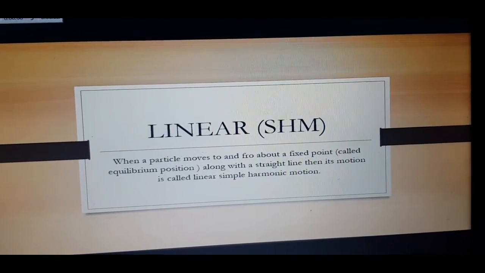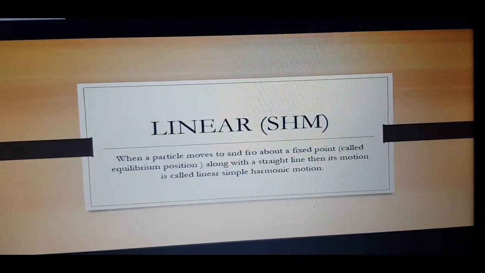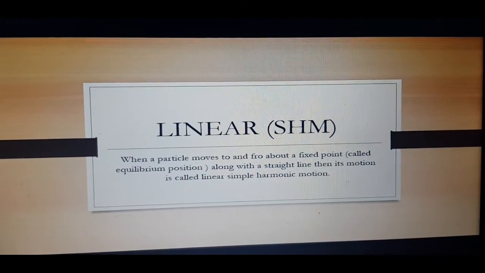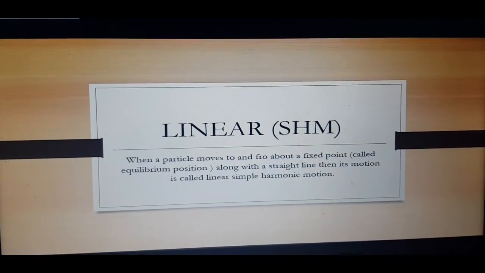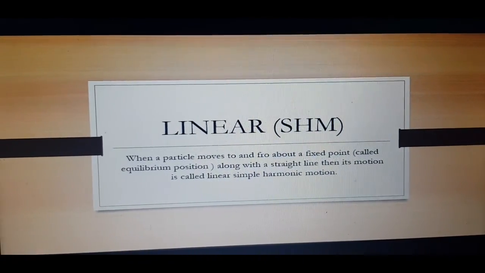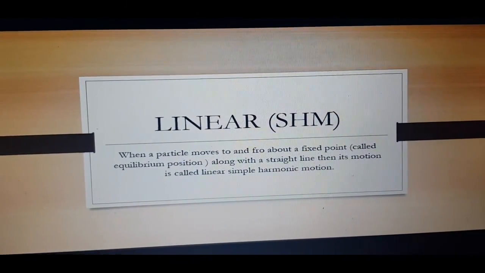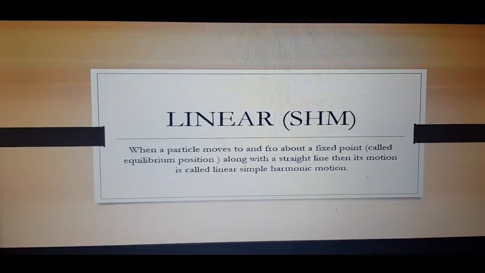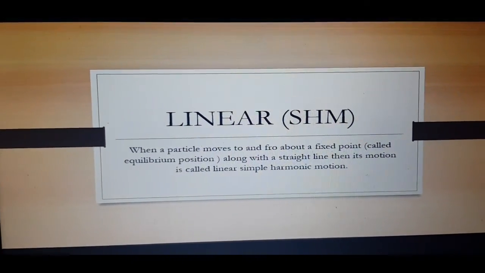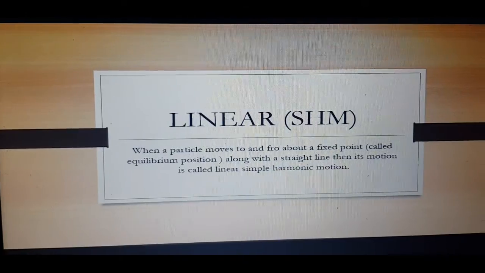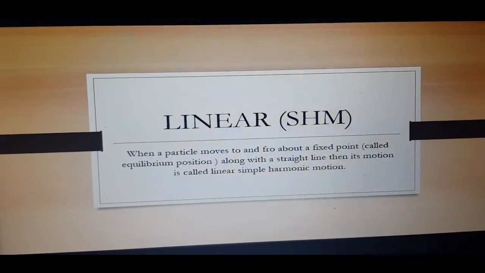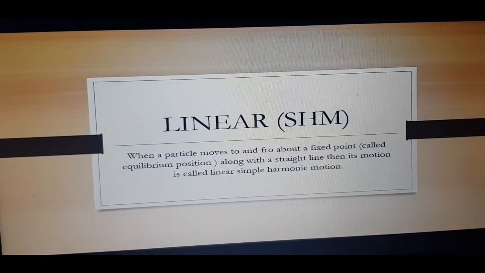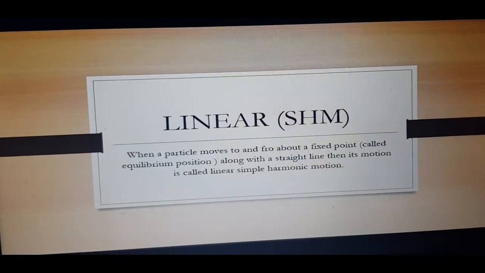So let's explain them. When we say linear simple harmonic motion, we are referring to when a particle moves to and fro. An object that moves on and comes back to its original position is what we call to and fro, like a simple pendulum. Something that moves and comes back to its original position is what we call to and fro, about a fixed point.